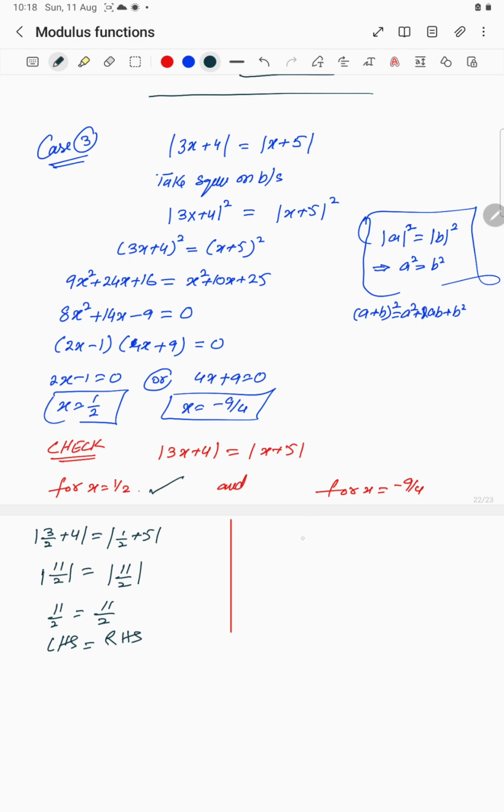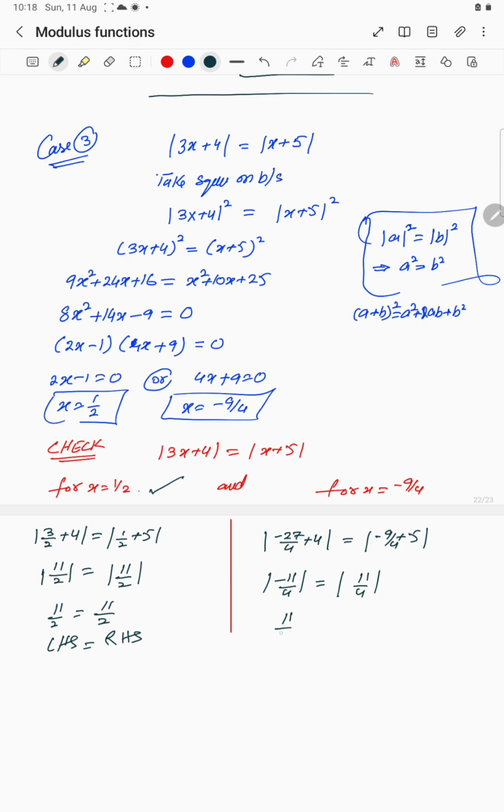And similarly for the other, −9/4: 3 times −9 is −27/4, plus 4, equal to −9/4 plus 5. So 16, and we'll get 11/4 equal to 20 and 11/4.